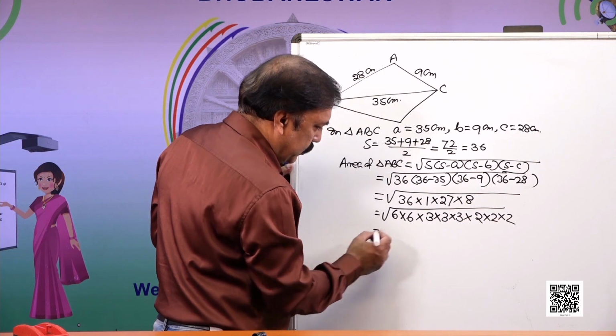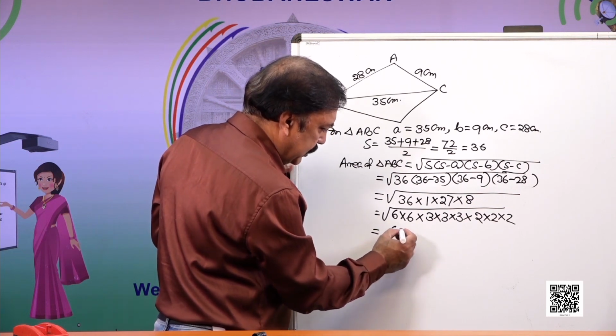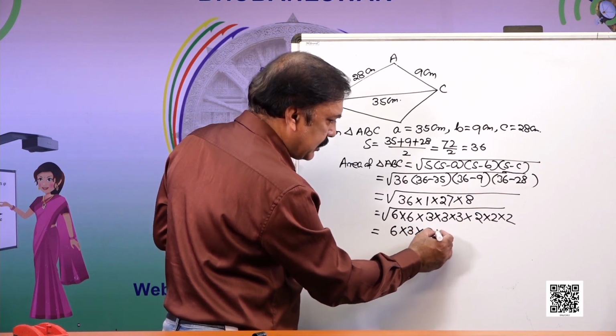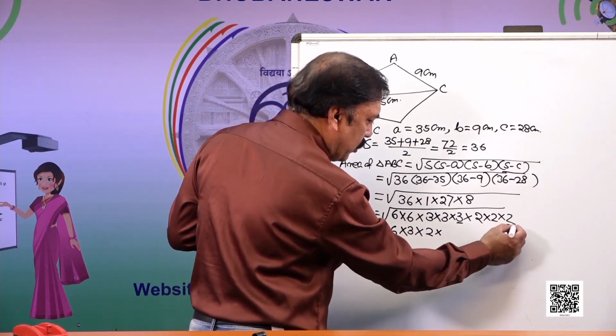From this we have 6, 3 and 2 coming out, and the rest, one 3 and one 2, will remain.